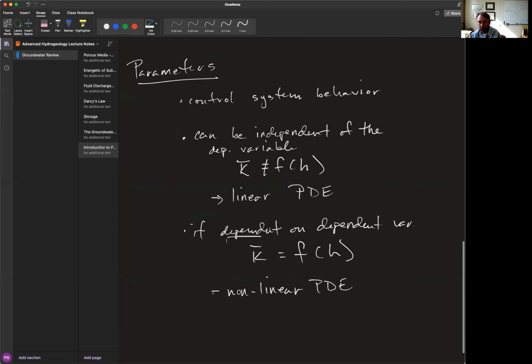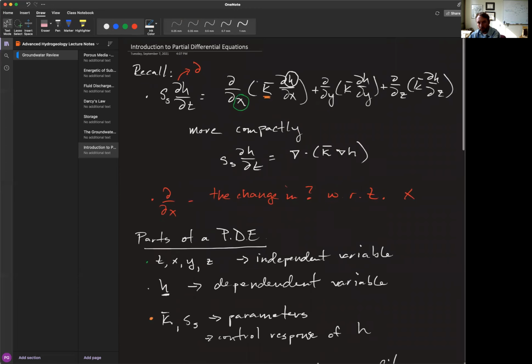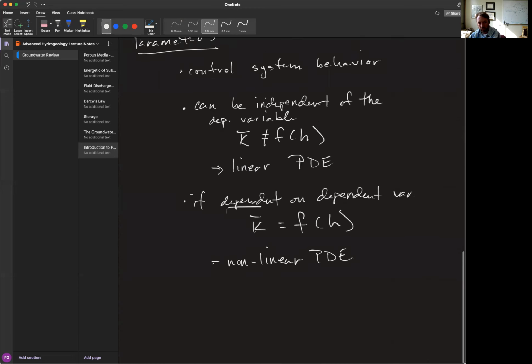All right, so that's not the case the way we've written our equation here. But nonlinear PDEs are something that we encounter a lot. In fact, if we want to solve the equation for unsaturated or partially saturated groundwater flow, then our hydraulic conductivity depends upon the head. All right, and we have a nonlinear equation. But here for the fully saturated case, K is not dependent upon head, it's independent of head, and we have a linear partial differential equation.